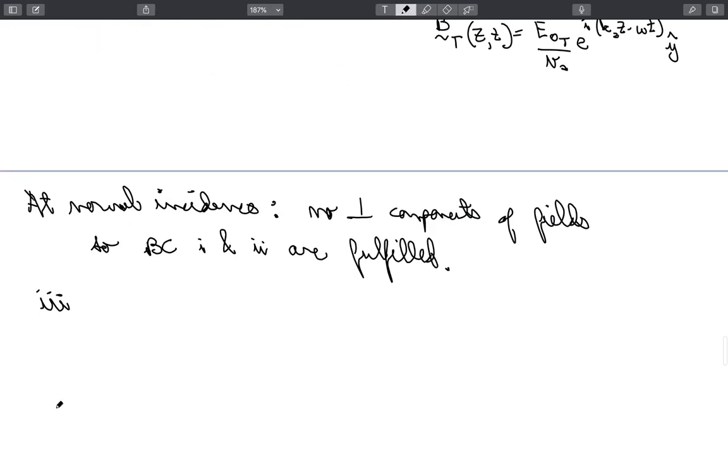So 3 tells me that the amplitude of the electrical field on the one side, the sum of the incident and reflected, has to be equal to the amplitude on side 2, which is just composed of the transmitted one.